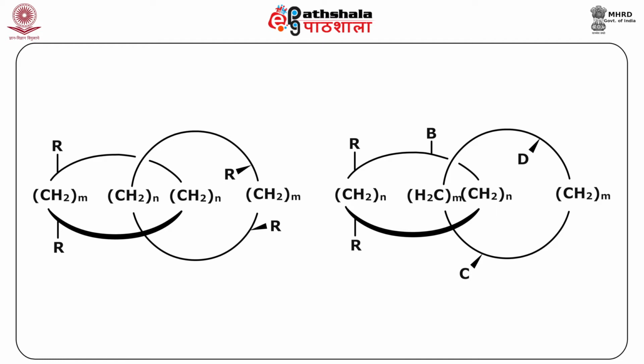In this catenane, students, you will notice that each ring has the same two substituents R on different ring atoms. The segments of the individual ring of the catenane have to be of such a nature that the molecule possesses a four-fold alternating axis of symmetry.